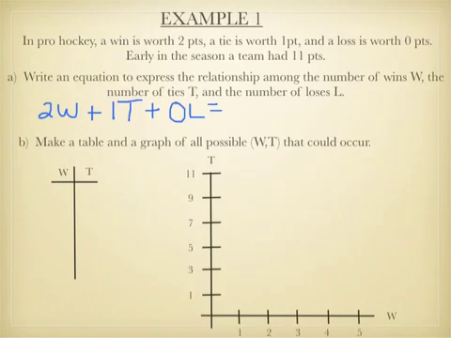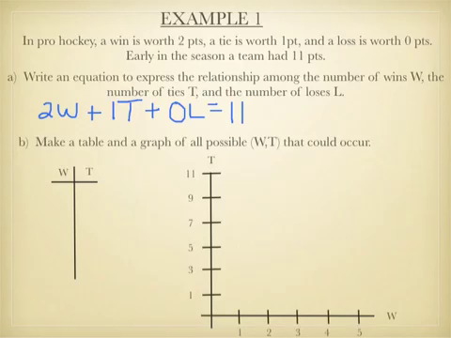Guys, just a second. Let me speak. I have 11 points right now. If I take my wins and multiply by 2, my ties and multiply by 1, my losses multiply by 0, add them all together, what should it equal? 11. That's all I'm looking for right now.